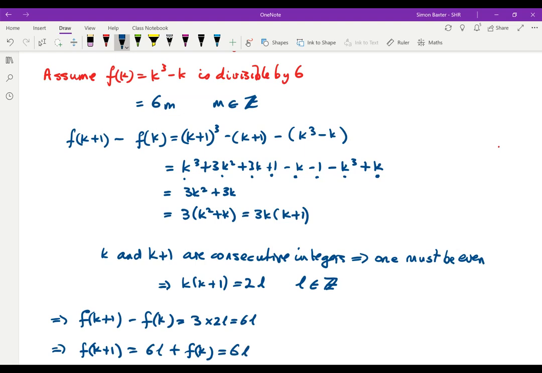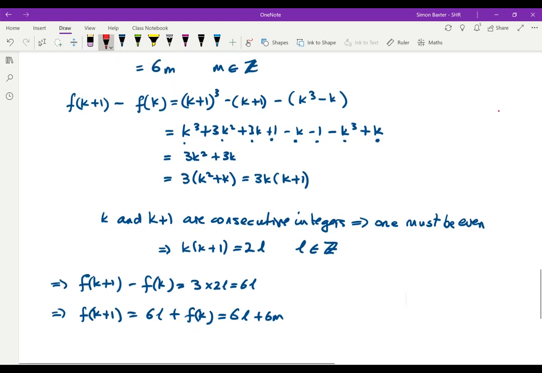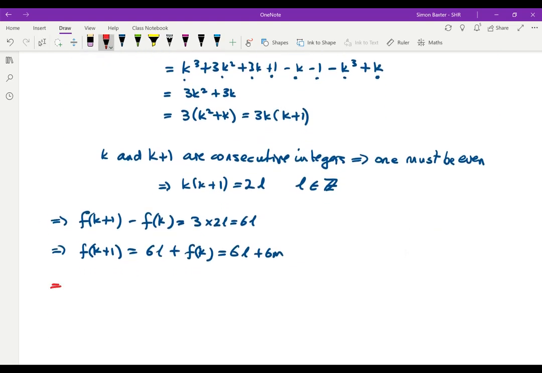Fk, if we look up at the top, is 6m. So fk I can write as 6m. And now we can see that fk plus 1 must be a multiple of 6. Fk plus 1 is divisible by 6.